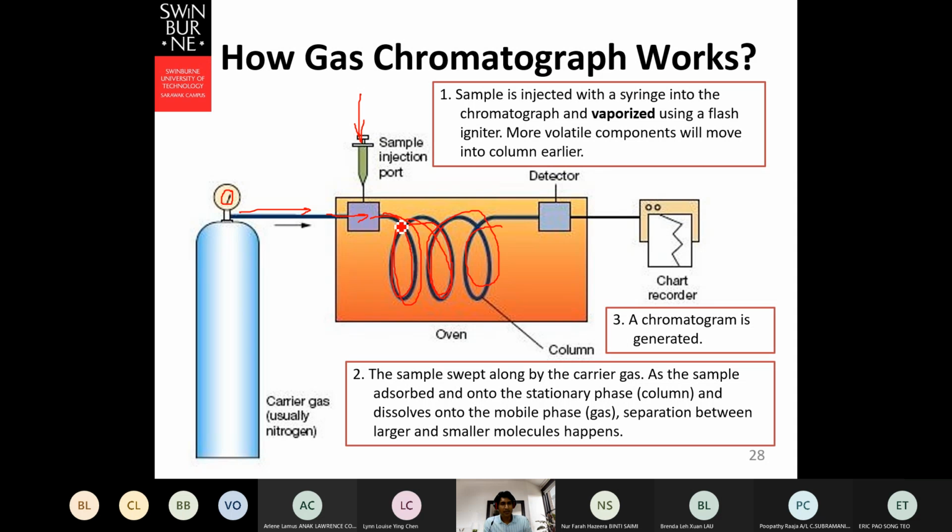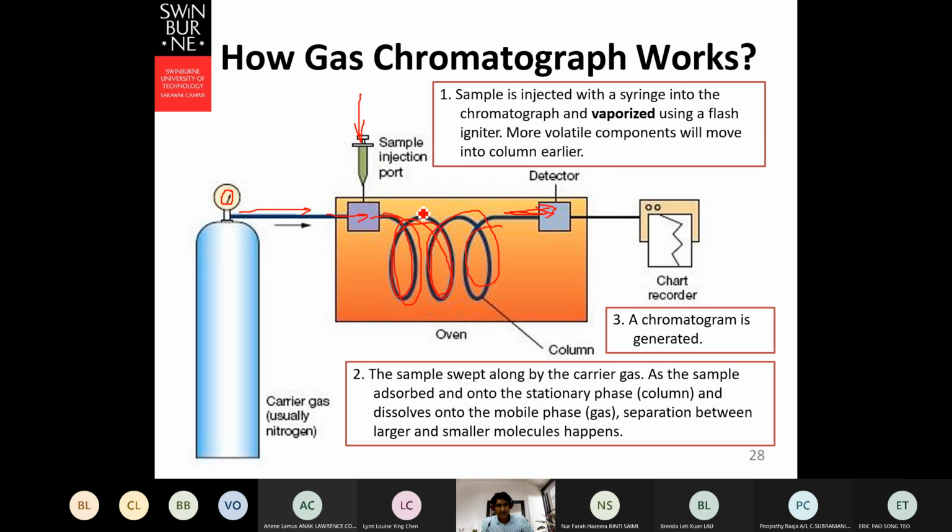So those that do not bind, or bind loosely, will come first to the detector. You see, we make the column longer to make sure the components reach the detector individually. Two or three do not come together.